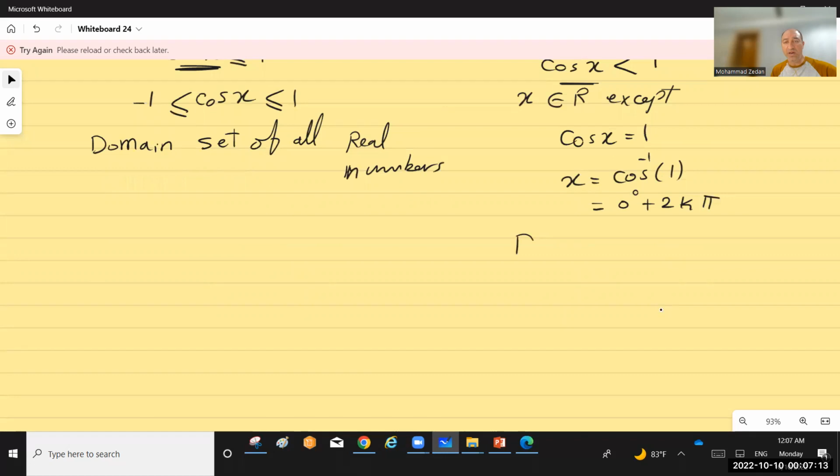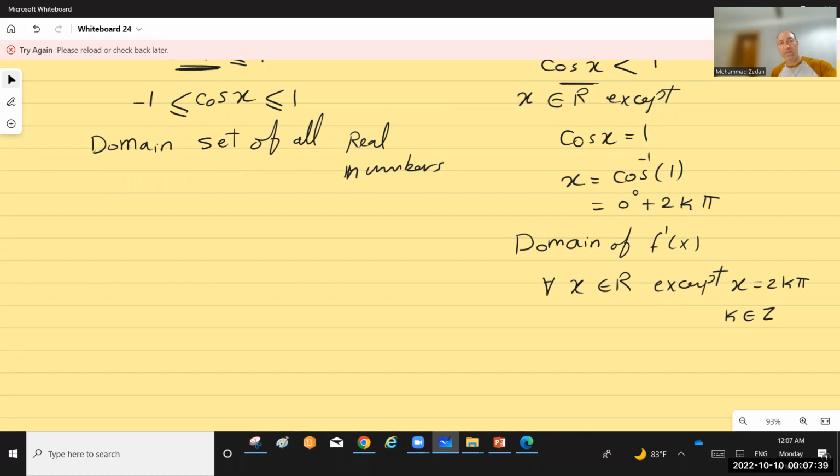So the domain of f prime of x is every x in R except x equals 2k pi, where k belongs to Z.